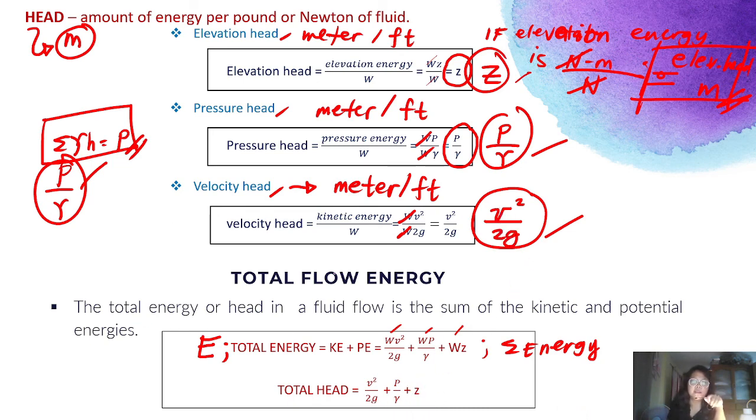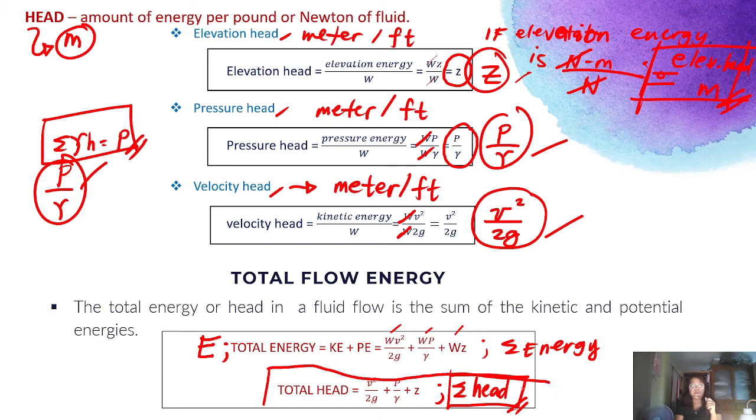So, sa makatuwid, this is the summation of your head. And usually, ito lang ang gamit talaga natin: V squared over 2G plus P over gamma plus Z. Plus Z pala, sorry. Okay? So, summation of kinetic to potential. Next.